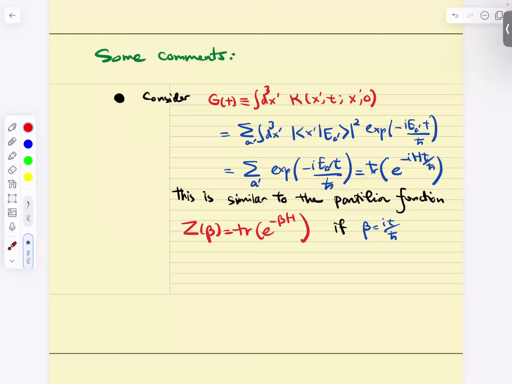There's a long story. I don't want to go on tangents, but I'm happy to tell you about it. If you continue in theoretical physics, a huge part of your career is going to be about this. Every time you do this transformation, mathematicians raise eyebrows, they're suspicious. This is called analytic continuation. You have a function of t, and you assume this function is a function of a complex variable t.